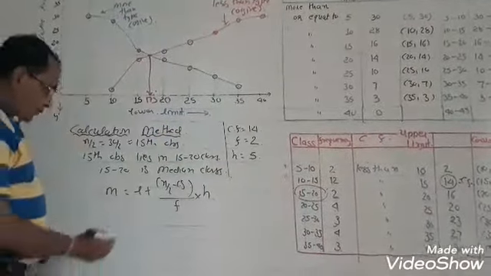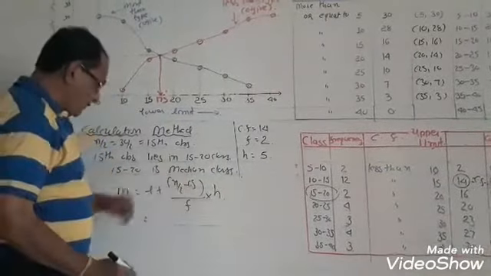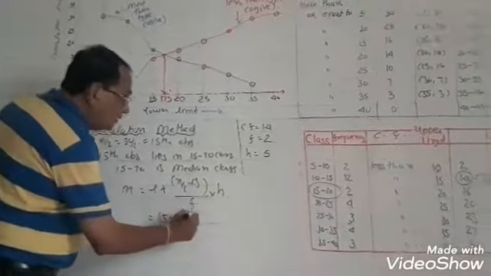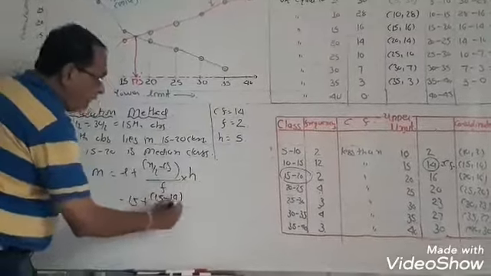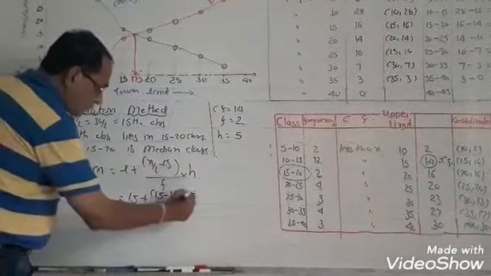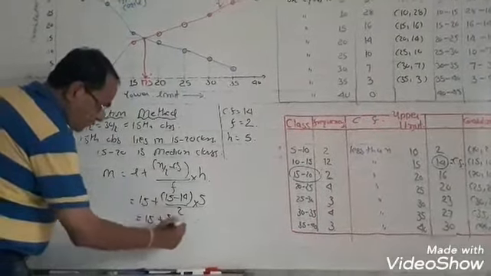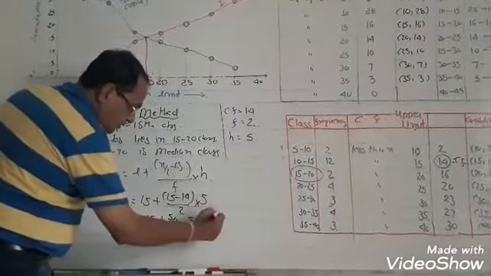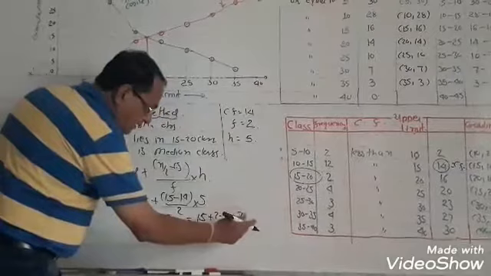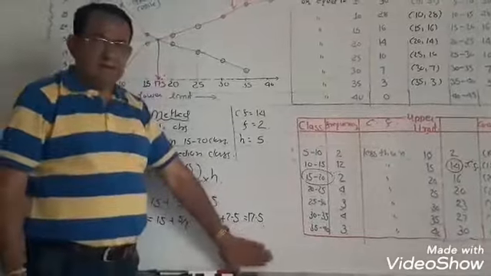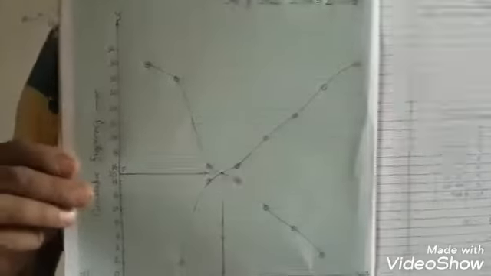Put the values: lower limit 15, plus n by 2 is 15, CF is 14, f is 2, h is 5. So 15 plus 5 upon 2, 15 plus 2.5 is equal to 17.5. That is your answer.